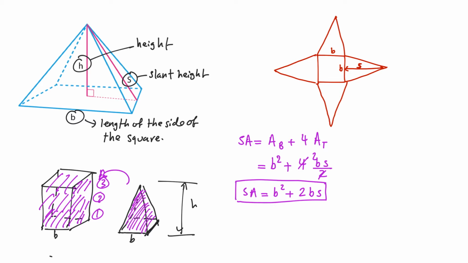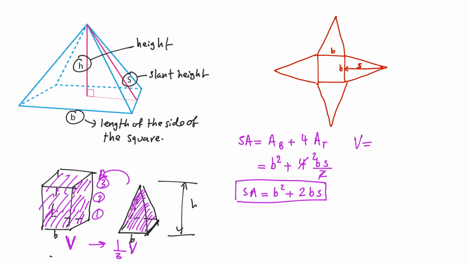And this means that if this shape over here has volume V, this shape over here will have 1/3 of the same volume, because it takes 3 times to fill up this shape from this shape.